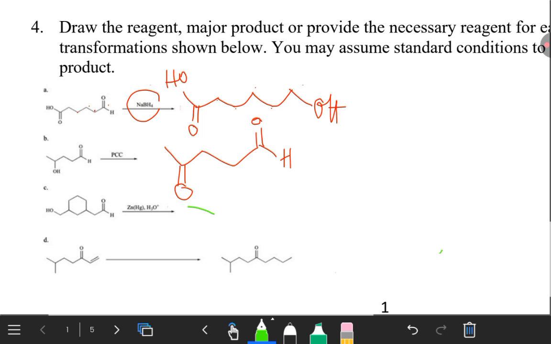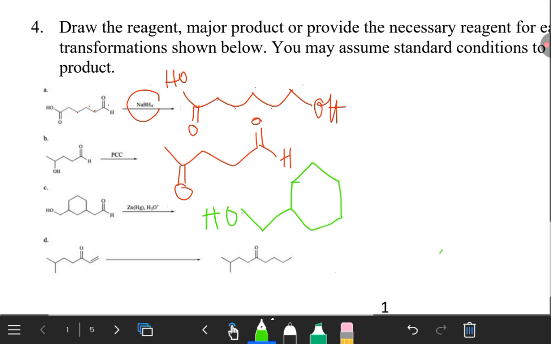So we're going to start like that. So we have HO, then we have this, then we have a cyclohexane like that.